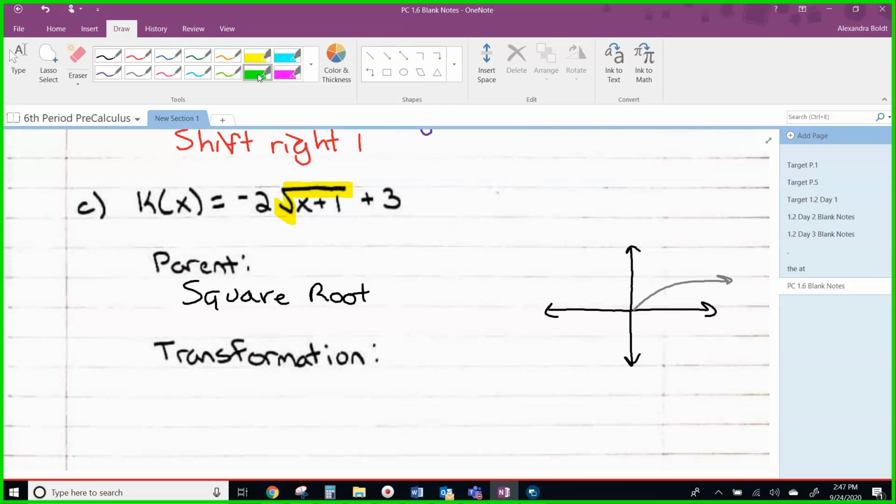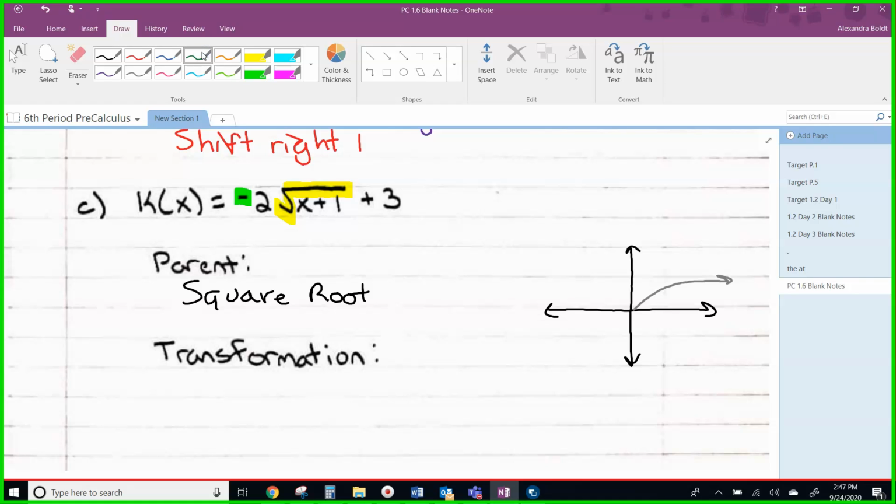Now the biggest thing to remember is that when you see something like -2, we read that number as -2, as its own number. But what's really happening is this negative and the 2 are affecting your graph in 2 different ways. So we need to read them as 2 separate things. So the first thing we have is that negative.